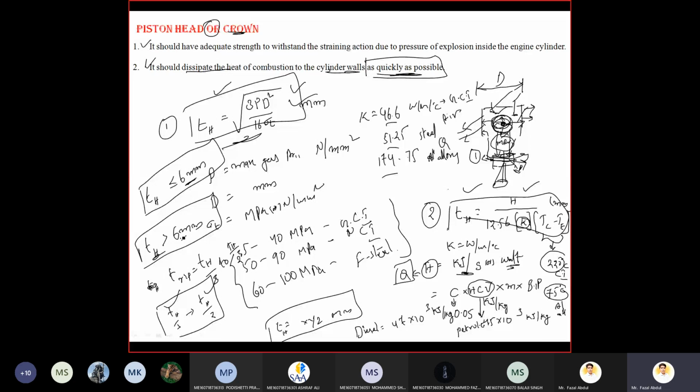Okay, now for engines having, suppose, an L by D ratio of 1.5, there will be a requirement of a piston cup to provide sufficient compression ratio here.